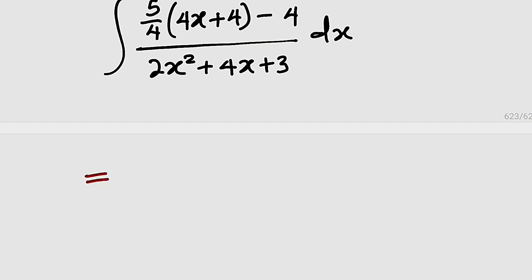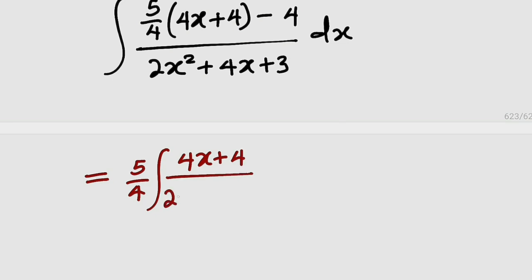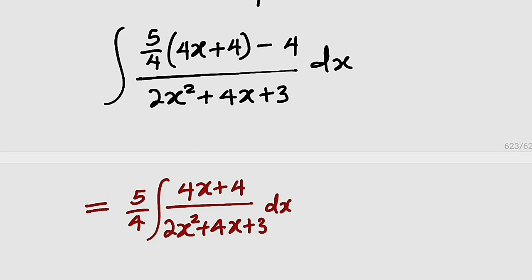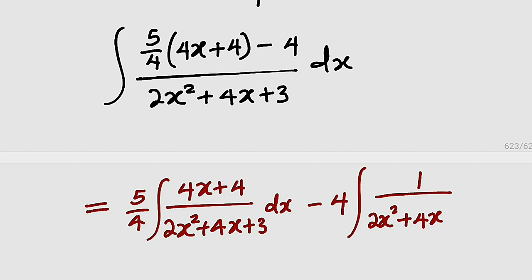I can bring 5 over 4 outside because it is a constant, multiplied by the integral of 4x plus 4, divided by the whole of 2x squared plus 4x plus 3 with respect to x. Then I will take the other one, minus 4, multiplied by the integral of 1, because I have just factored out 4, divided by 2x squared plus 4x plus 3 with respect to x.